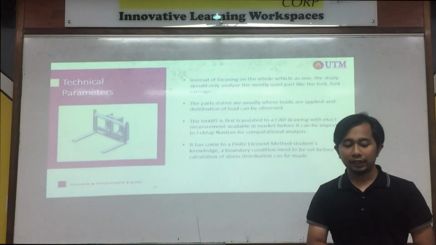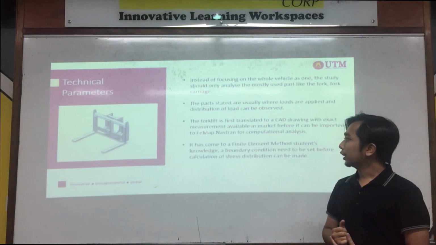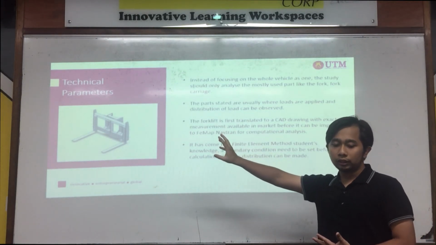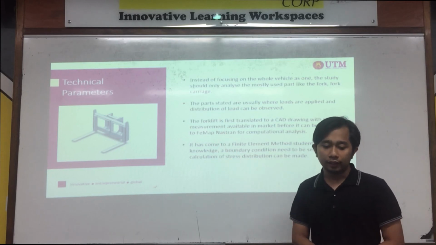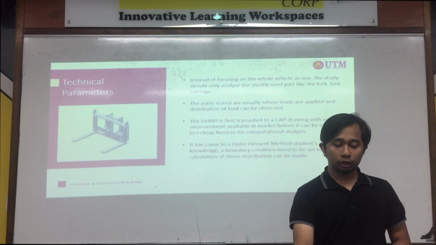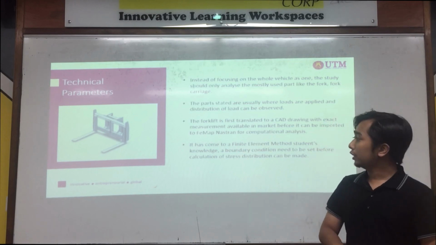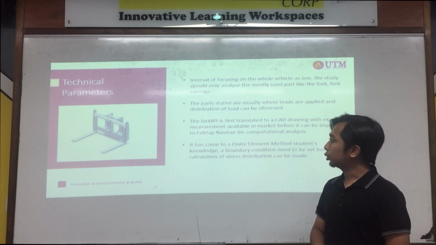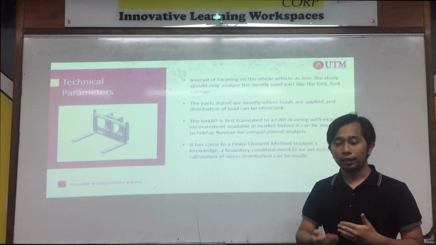And then for the technical parameters, we will take this part because we will need this part to study and to analyze. And then the part state are usually where load are applied and distribution load can be observed. The forklift is first drawn by using the CAD, or we use SolidWorks, and then we transfer to the FeMap Nastran.